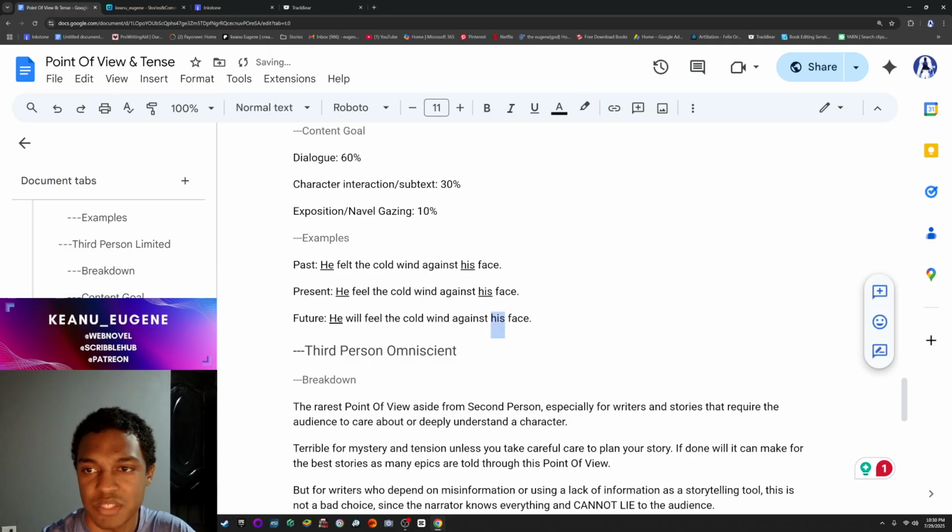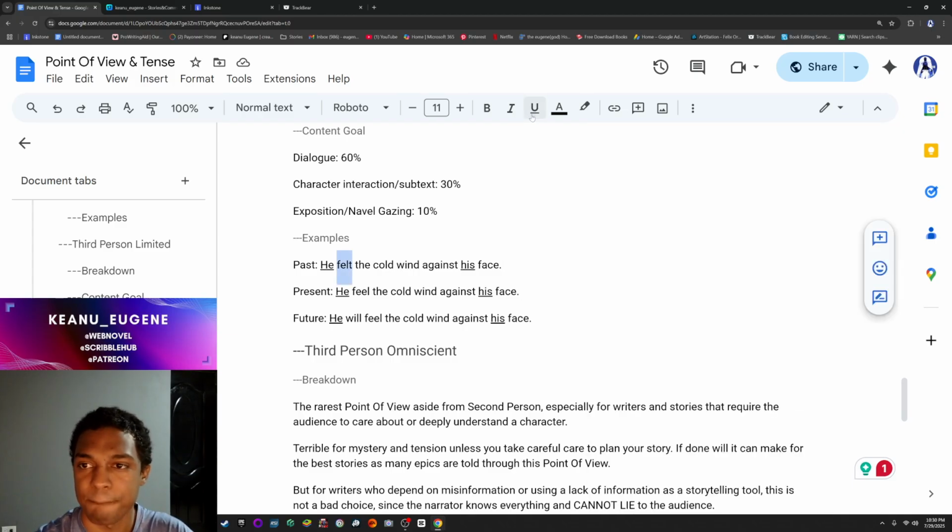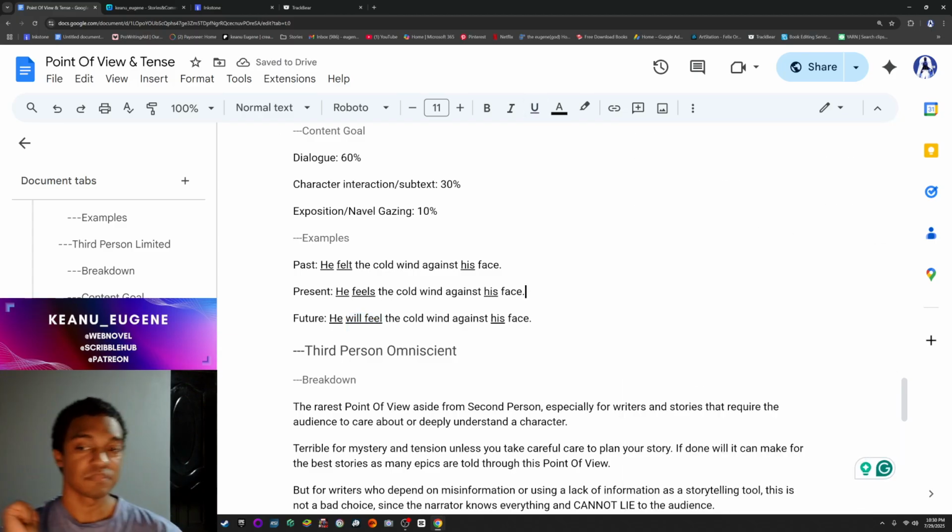So if your character is Jimmy, the top would say Chapter 4, Jimmy. Then we know it's a he, assuming Jimmy is a he. So "he felt" is past tense, "he feels" is present tense, which is what I would write, and "he will feel" is future tense. So "he will feel the cold wind against his face" is future tense.